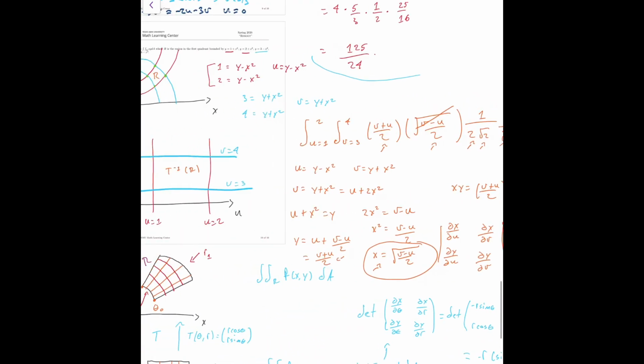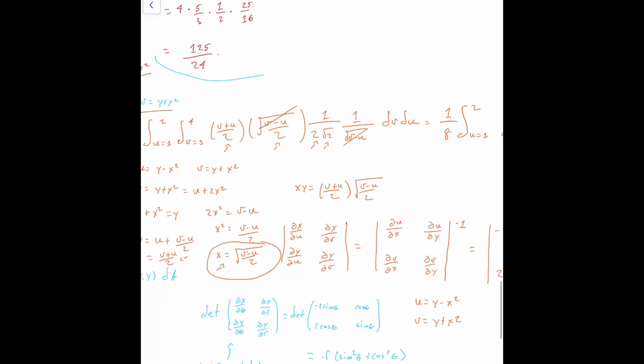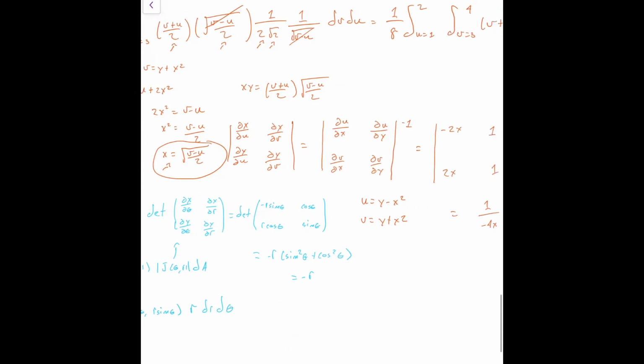Okay, so there were two new things here. One was coming up with a transformation, with what u and v should be. And we did that practically by saying, well, we want to integrate over a rectangle like that. What can I do to make that happen? Okay, and the next new thing was to realize that when we did it that way, we were defining u and v in terms of x and y instead of x and y in terms of u and v.